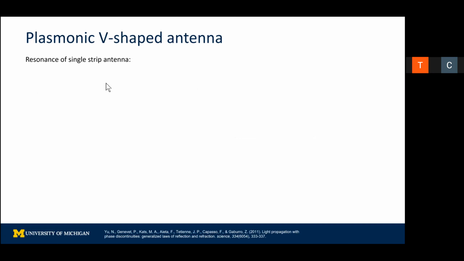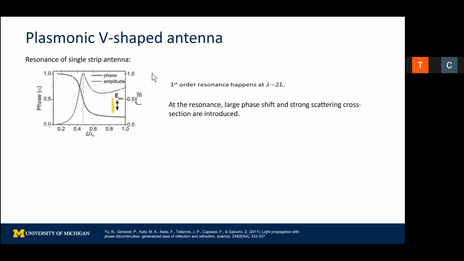So we're talking about the phased antenna. We will talk about the resonance of a single strip antenna first. Suppose this is your strip antenna, and the incident light is polarized in this direction. You will see that at different wavelengths, the resonance conditions will be different.